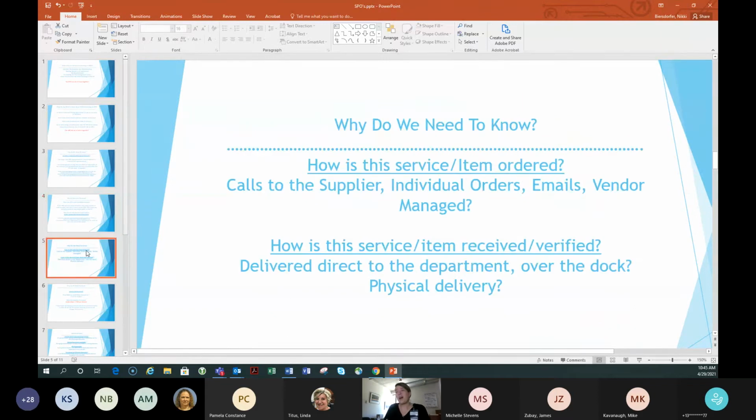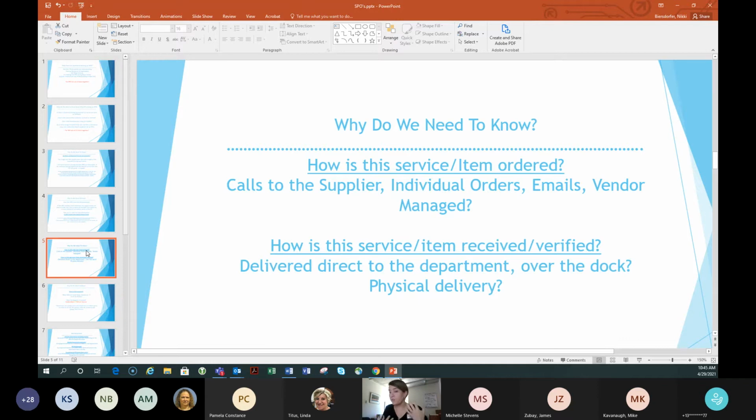Why do we need to know how it's ordered? Well, how does your vendor know what to bring you and when and how often and how much? All of those things are really important. And SPOs are not blankets, remember? We can't just do individual releases off of an SPO. That information has to be communicated to the supplier somewhere. So it's important to know how that communication is happening, right?